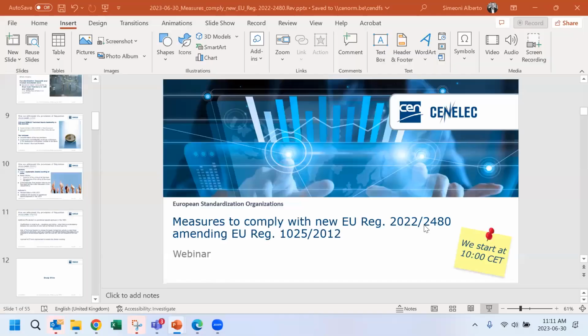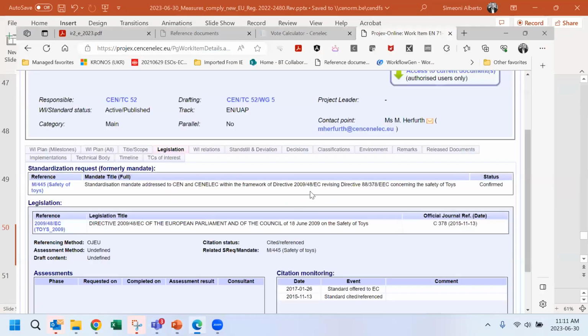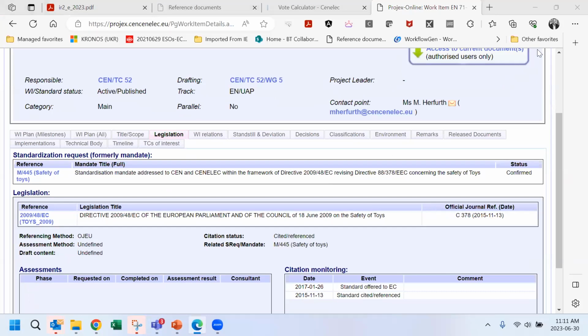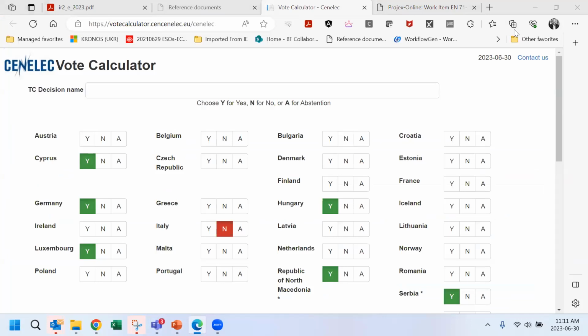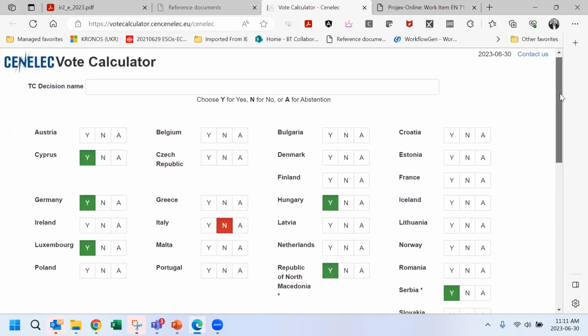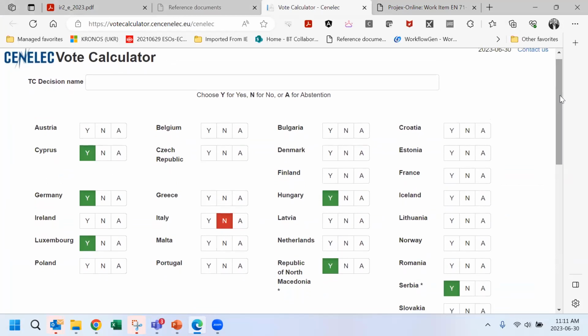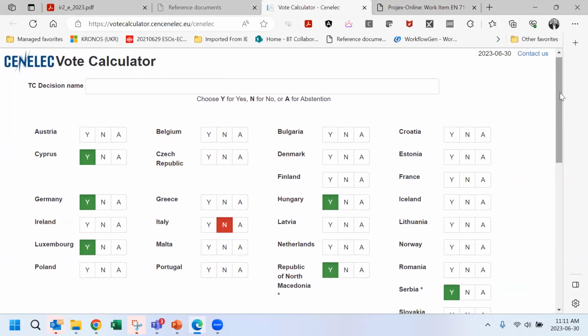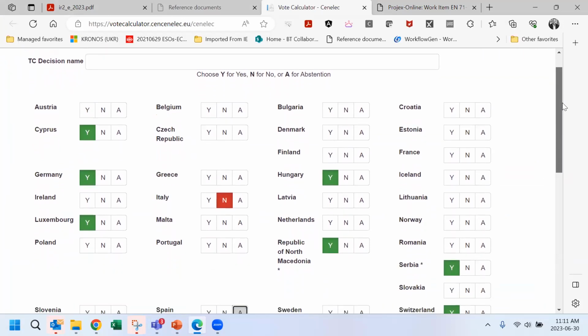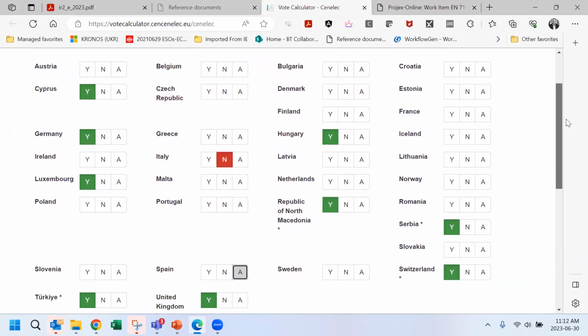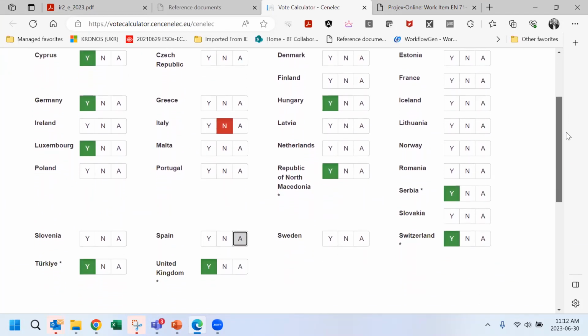Maybe we can even jump and give you a flavor of how they look. So, for instance, the new CENELEC vote calculator. Imagine that CENELEC BT was requested to vote on the approval of a standardization request, and imagine this is the scenario of members who voted.